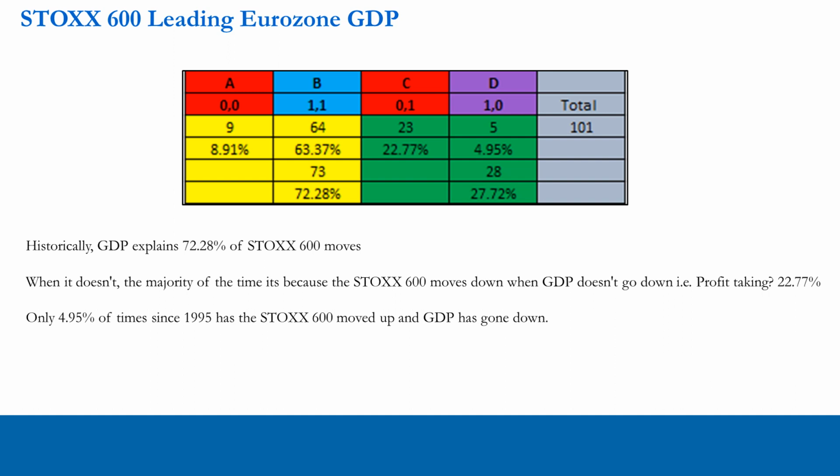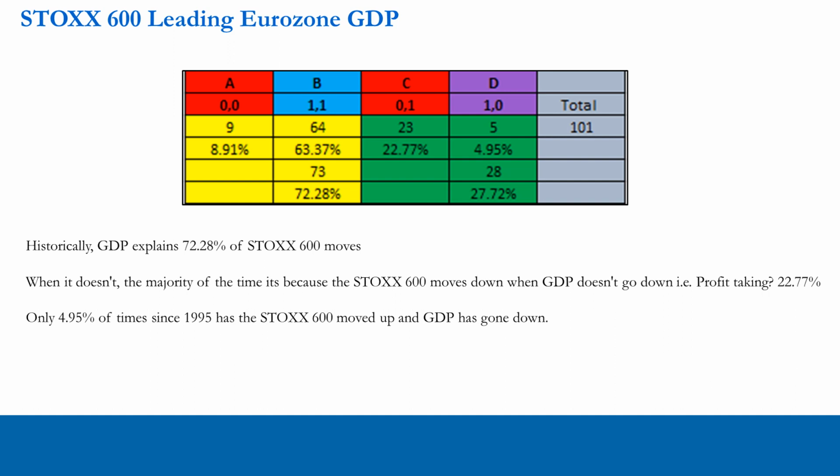So 64 quarters out of 101 quarters that the Stoxx 600 goes up and Eurozone GDP is reported up. So this is 63.37% of times. And then with the 0, 0 case, where the Stoxx 600 goes down and Eurozone GDP goes down, this happens 9 quarters out of our 101 cases.